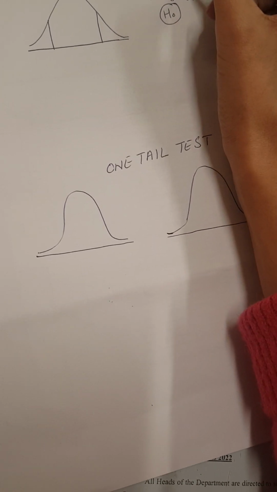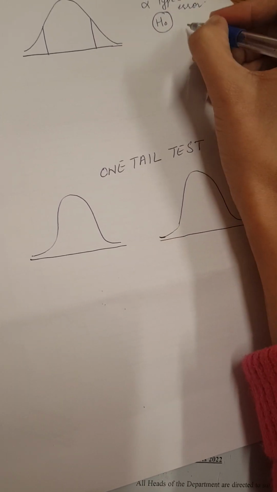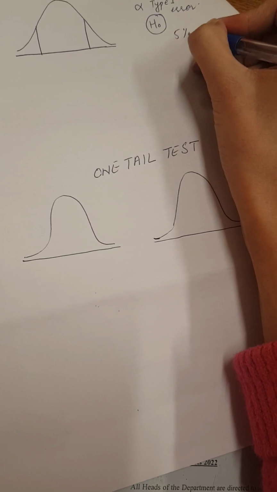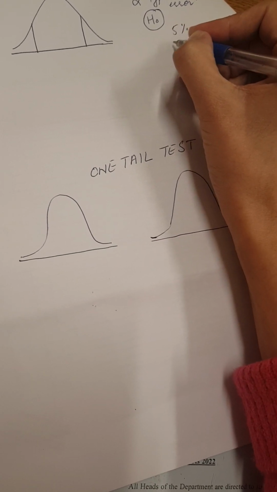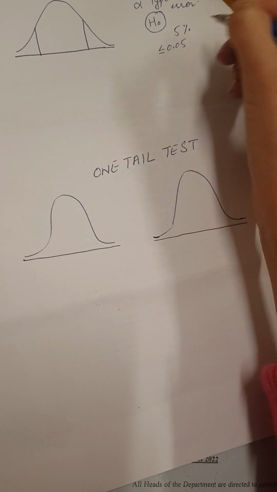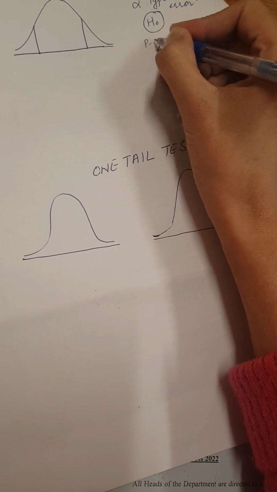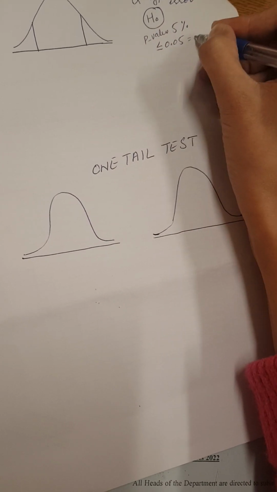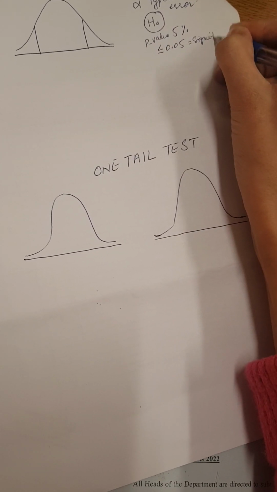So at the 95% confidence level, the alpha is 5%, and this is the reason that our significant p-value is always 0.05. We say that if the p-value, that is our probability value, is less than or equal to 0.05, it is significant.